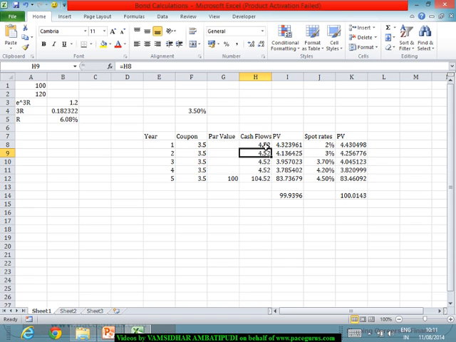Now what I am more interested in is what should be this particular coupon rate, which when I discount them using the spot rates will give me the present value which is equivalent to that par value itself.